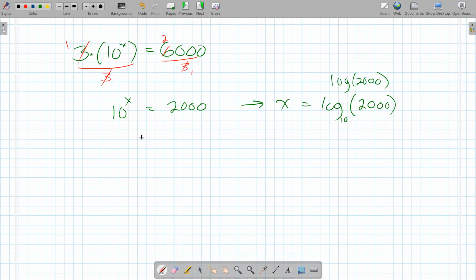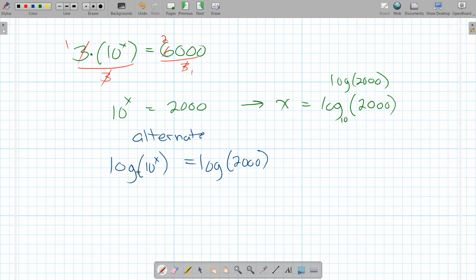Another way to think about this is just like I can divide both sides by 3, I could actually apply the log to both sides of this. So this is kind of an alternate approach. I can write this as log base 10 of 10 to the x has to equal log base 10 of 2000.